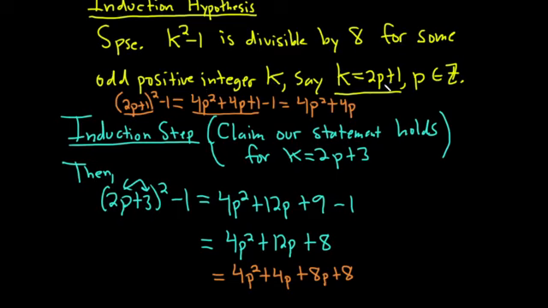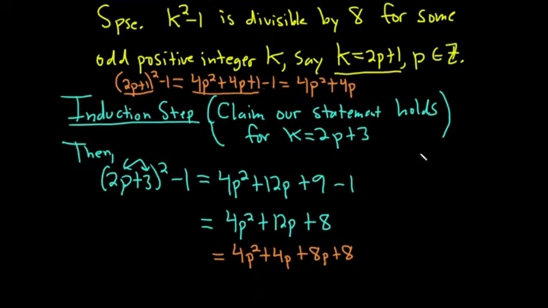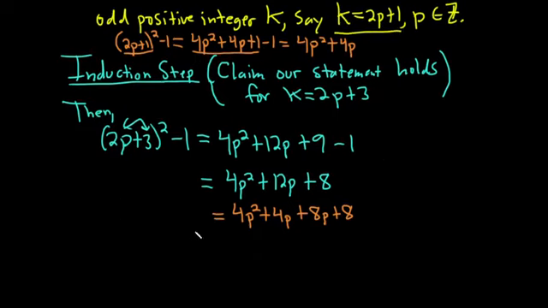Well, k is 2p plus 1. So if you plug it in here, it's going to be a multiple of 8. So this is equal to 8m, and here we still have plus 8p plus 8. And this step is by the induction hypothesis.